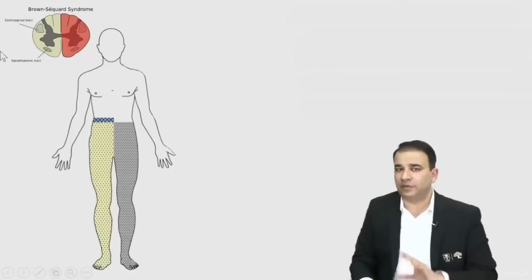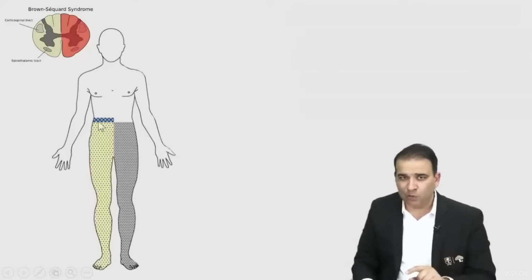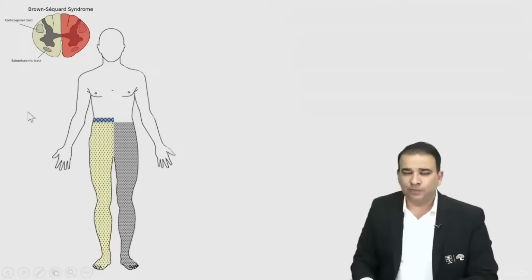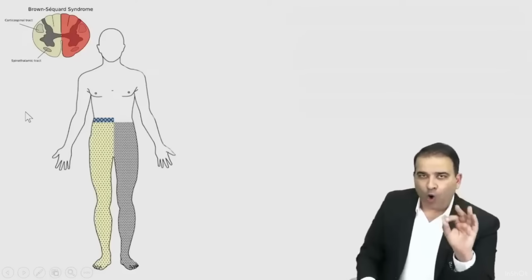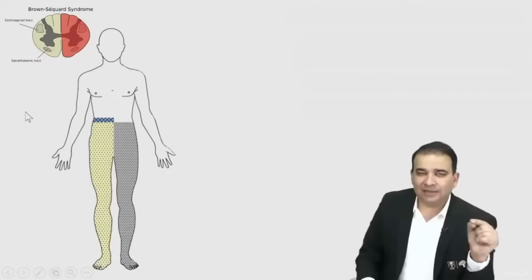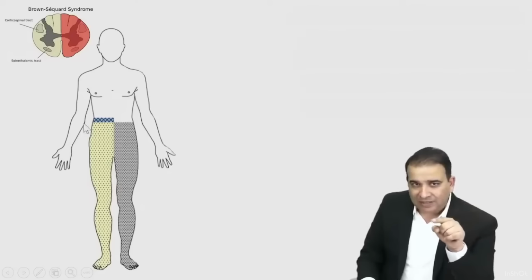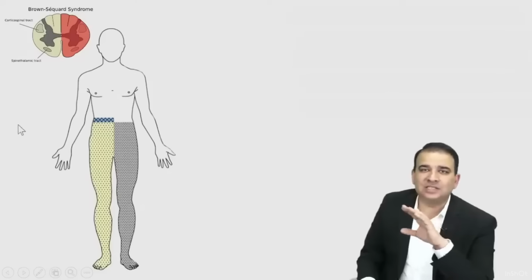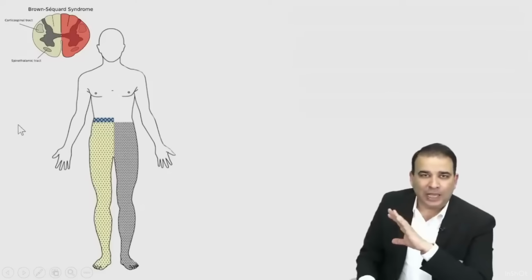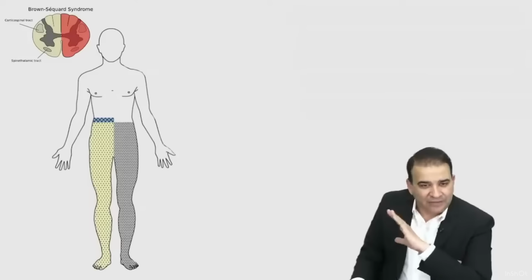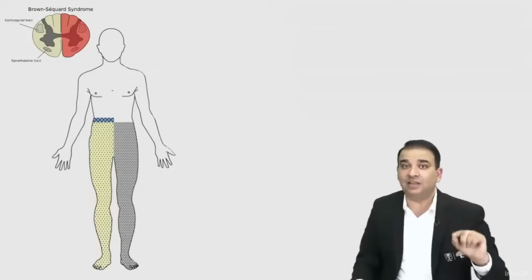Now in Brown-Séquard syndrome, first of all, look at that blue color shown over there. That is telling you that basically all the sensory tracts entering at the level of that lesion, whatever level the sensory tract will enter into, no sensation will reach the spinal cord. So there will be ipsilateral loss of every sensation exactly at the level of lesion.